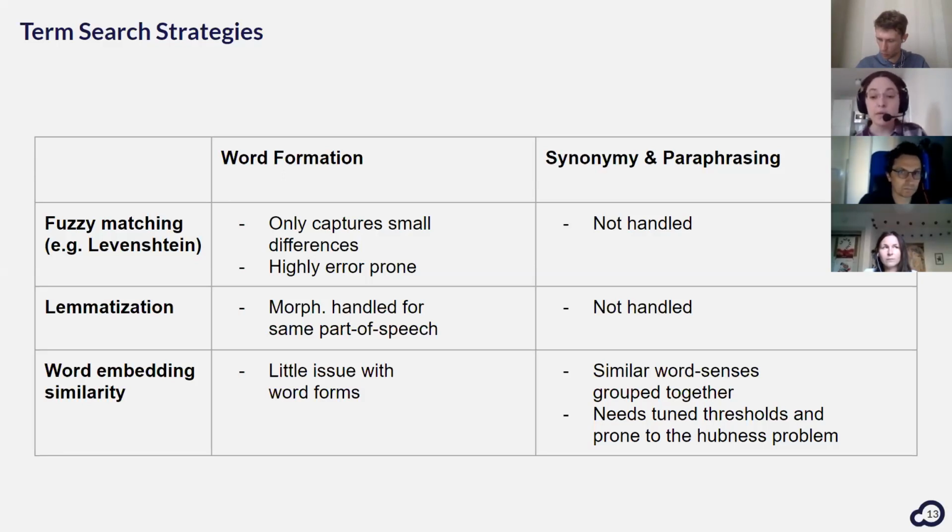There are still some problems, like you need to consider the threshold at which you consider a word similar to another word. And this is also prone to the hubness problem, which is basically that some words are going to be very similar to a big cluster of words, while others will be off on their own. But I think that this would be a nice approach to try.